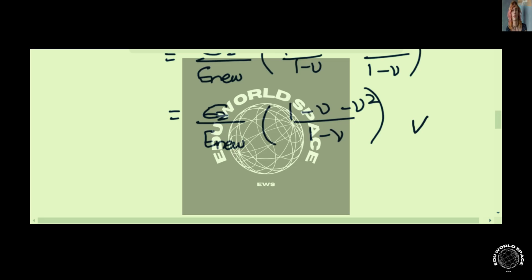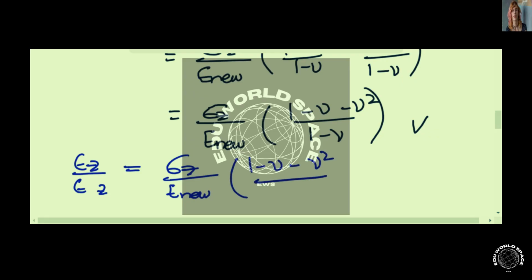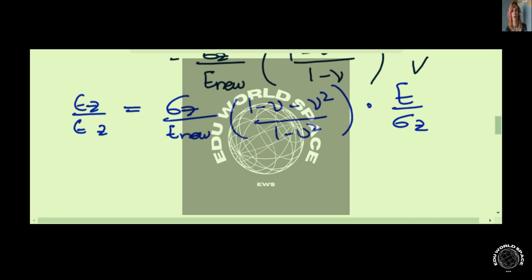So I have the strain in the z direction over the strain in the z direction, the stress in the z direction divided by the new modulus of elasticity over here, divided by this, and I'm going to multiply it by the normal modulus of elasticity divided by the stress in the z direction.